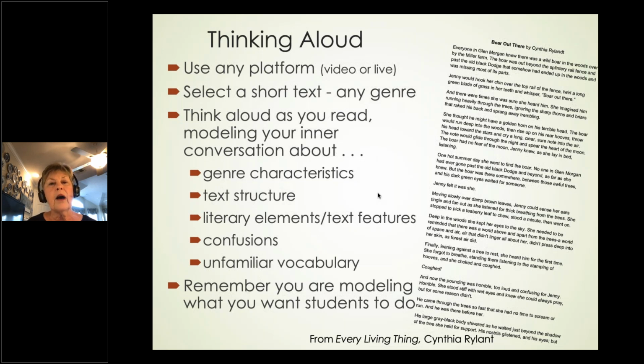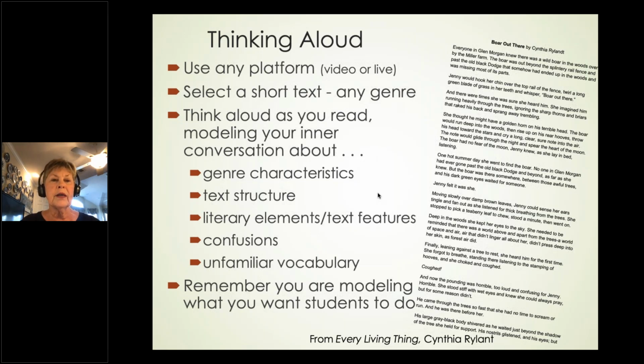Also, we call attention in informational text to all the text features and how, as readers, we're using those text features. We also want to call attention to the confusions that kids might have, and we want to make sure that they see that we have some of those same confusions.